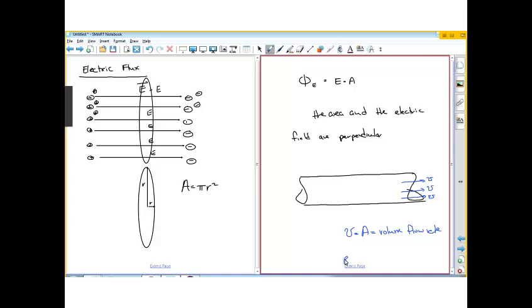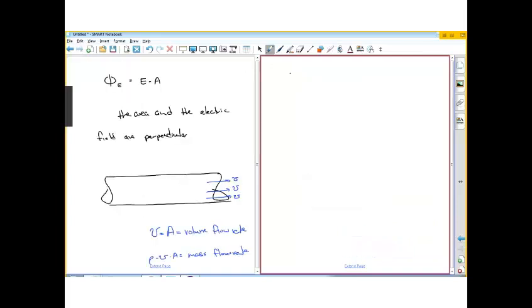If we multiply by the density of the fluid, that's called the mass flow rate. So it tells us how much water is flowing through here. You can think of this as the amount of electric field that's flowing through this area. If we had a round pipe, the area we're considering is pi r squared, with r the radius of the pipe. It's just some arbitrary area that we've picked in space to look at. So that's what the electric flux is for the simplest case.